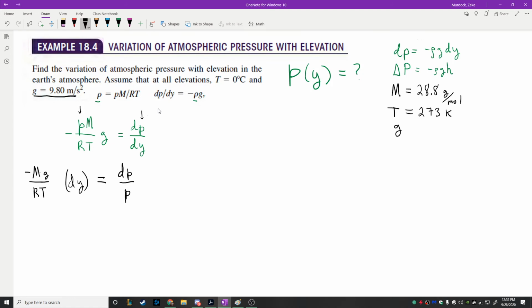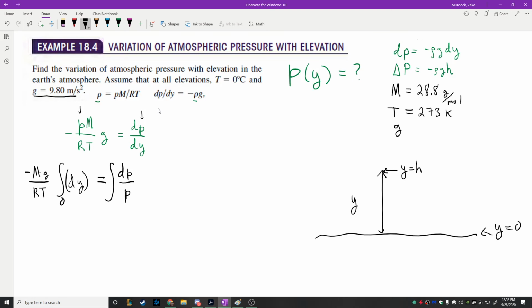To do this, we're going to integrate both sides. Everything there is a constant. And let's say that this is the ground, and we call the ground level y equal to 0. And we want to figure out how pressure varies up to some new height. We could go from 0 to h, so that we have two different variables here.